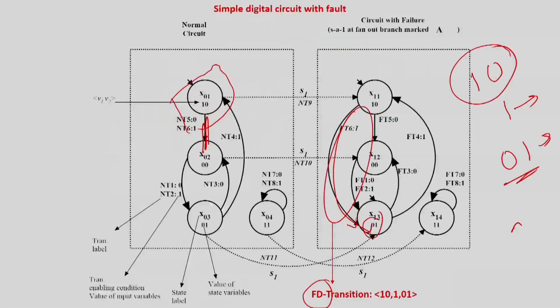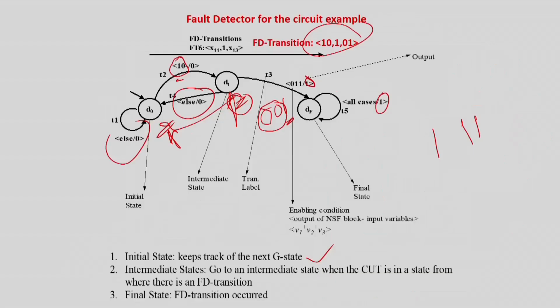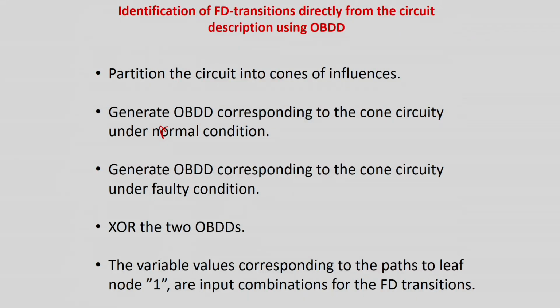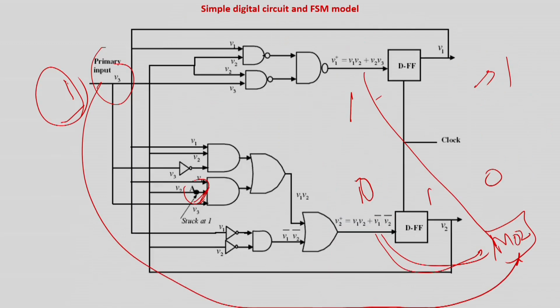In symbolic model checking, we do not go for an explicit finite state machine model of the circuit, rather we represent it by a binary decision diagram. So in this case, I need to just find out these fault detecting transitions. What is the step? Partition the circuit into cones of influence, generate the OBDD corresponding to the cone circuitry under normal condition. This is the circuit.